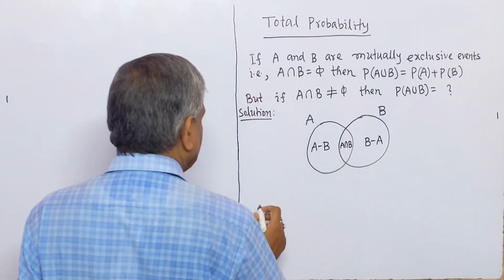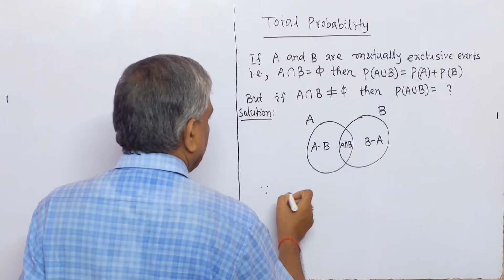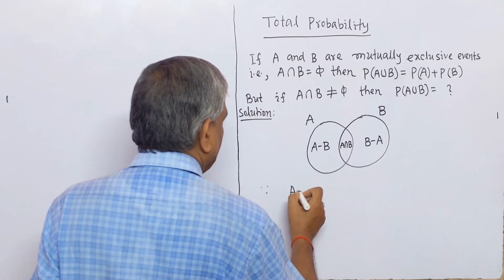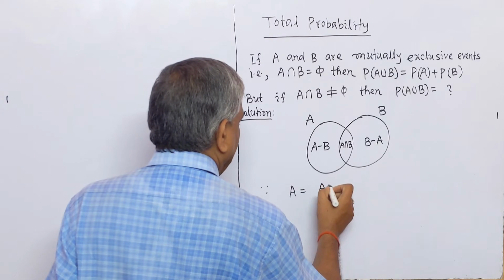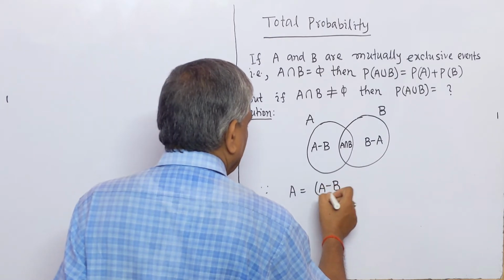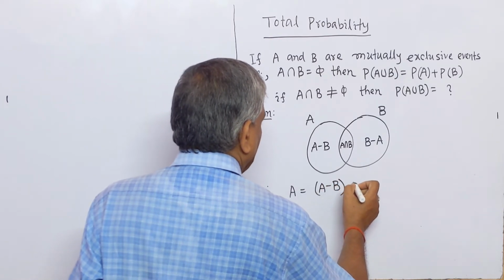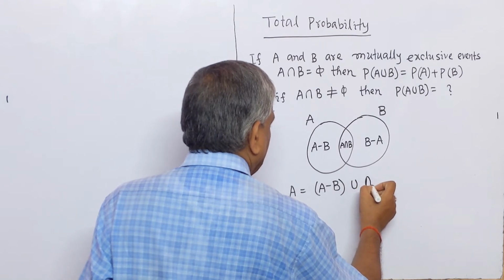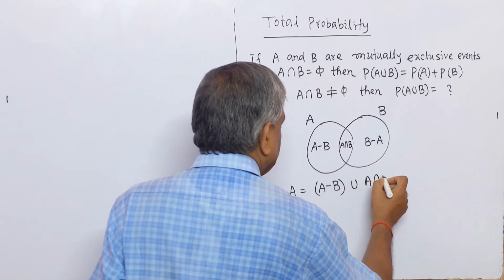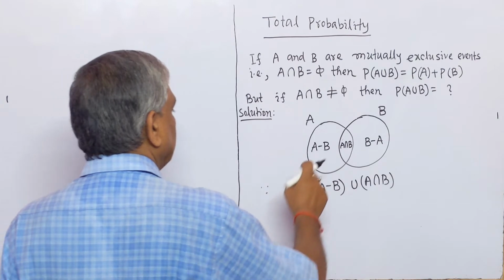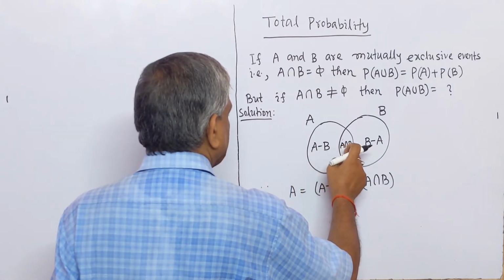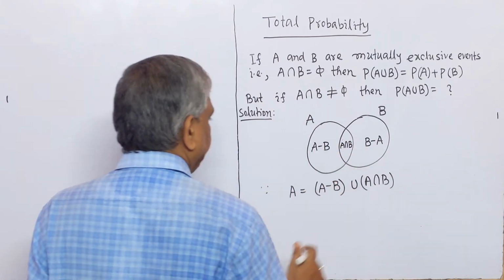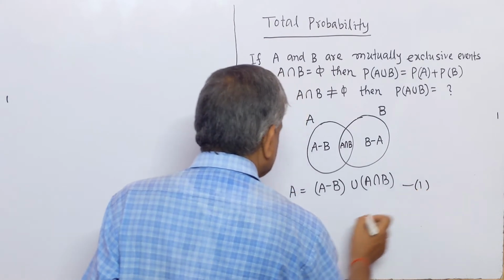Here it is clear that A equal to A minus B union A intersect B, means union of these two parts make A. This is number 1.